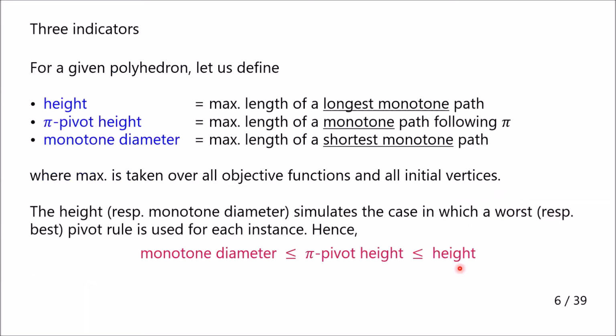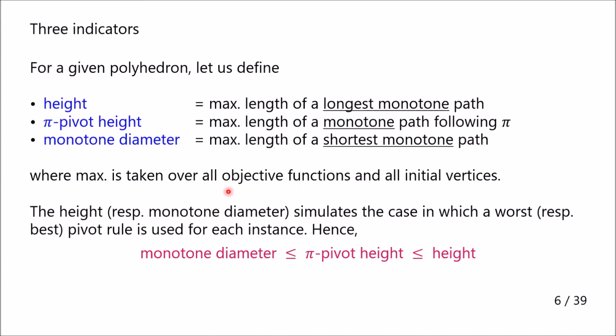In this context, three indicators have been discussed so far. For a given polyhedron, its height is defined as the maximum length of the longest monotone path, where the maximum is taken over all objective functions and all initial vertices. So the height simulates the case in which we always choose the worst pivot rule for each objective function and for each initial vertex.